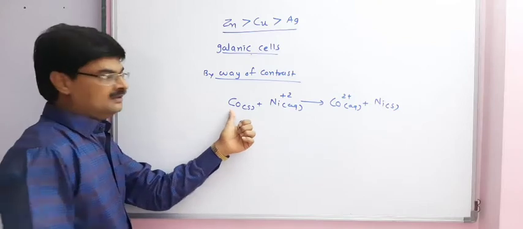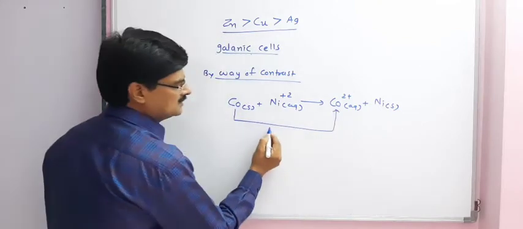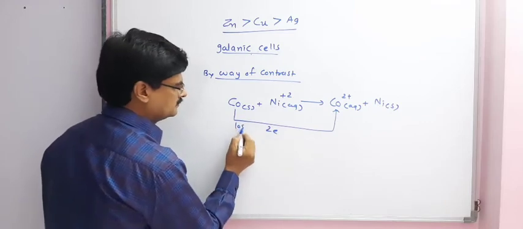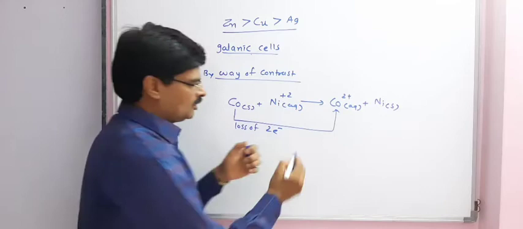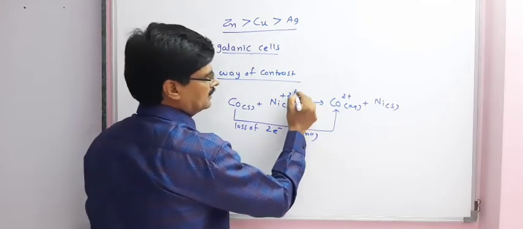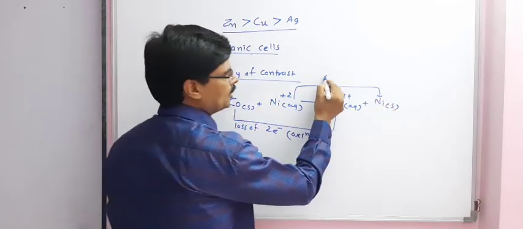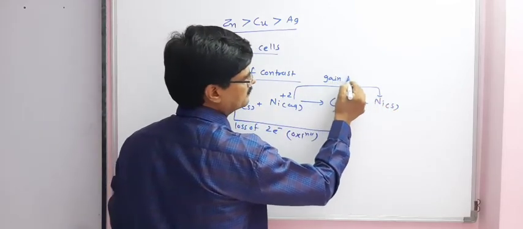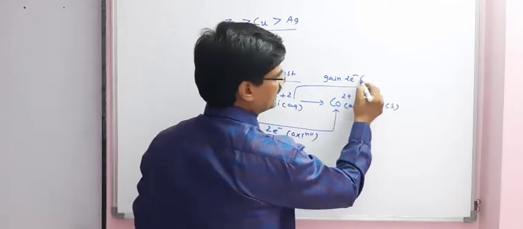This is the reaction. Co loses 2 electrons and converts to Co2+. Oxidation reaction. Ni2+ gains 2 electrons and converts to Ni. Reduction reaction.